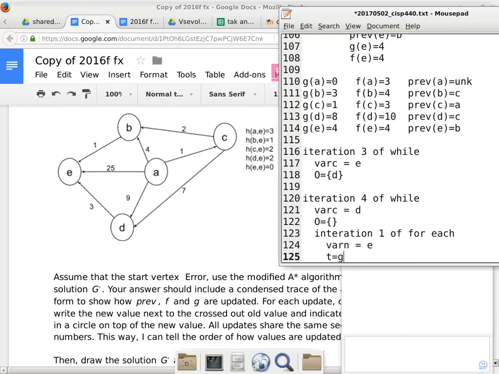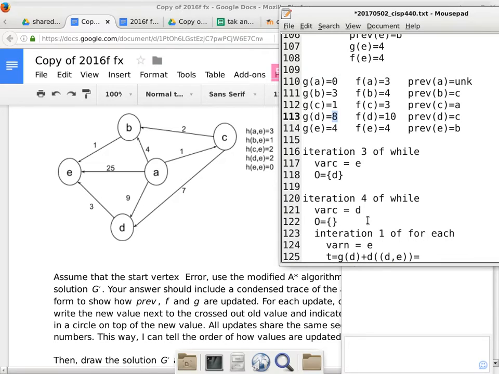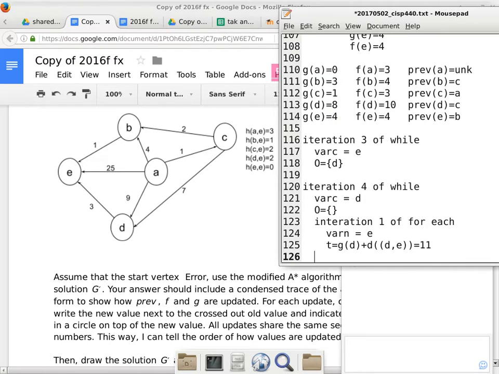So now we have to look at G of D plus the distance of the edge DE. Okay, we can look it up here. G of D has a value of 8, and the edge DE has a cost of 3. So 8 plus 3 is 11, so t is 11. So now we have to ask the question, is t less than g of e?